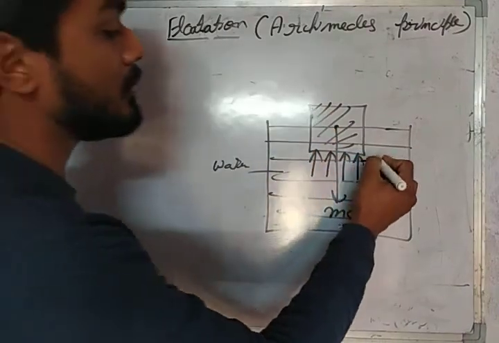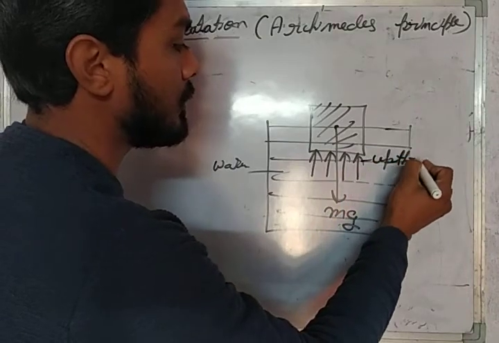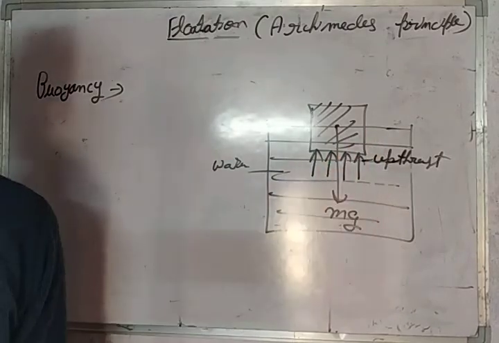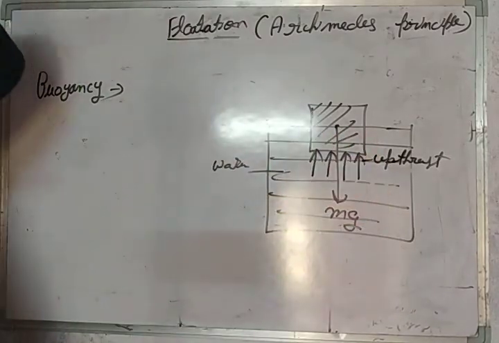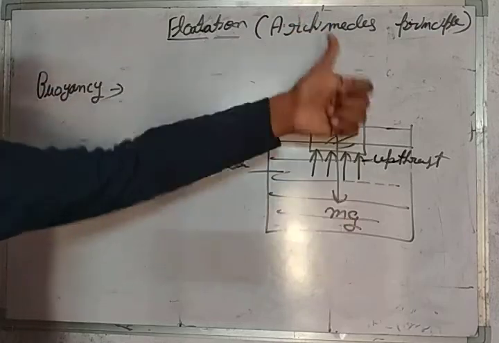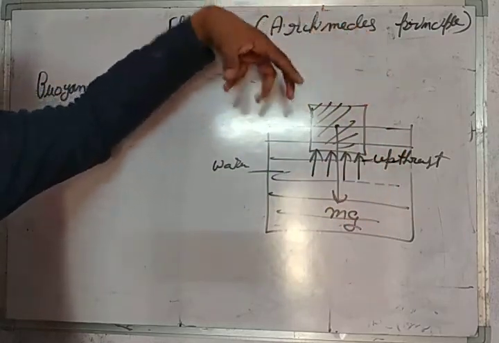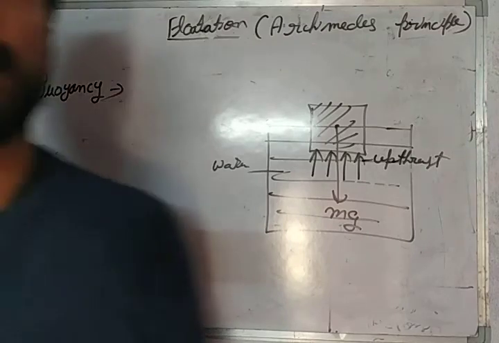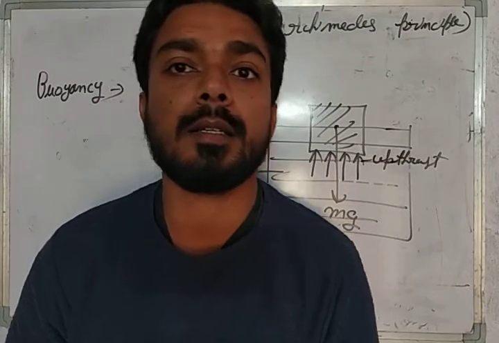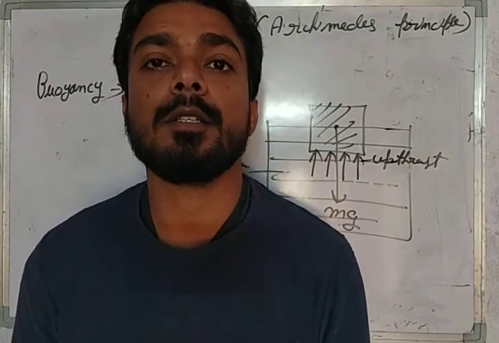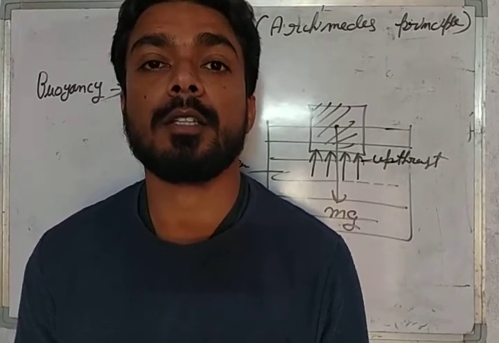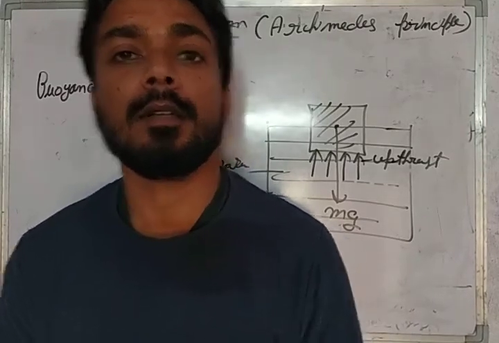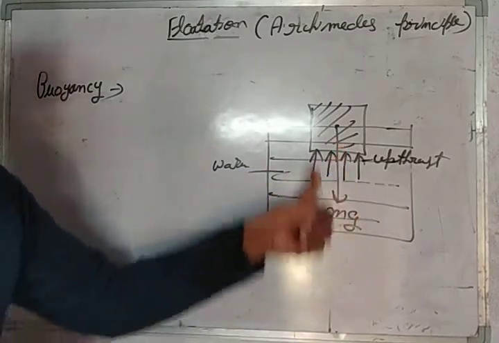This upward force is called upthrust. Due to this force, the weight mg has been balanced and the body floats on the liquid. And that's why we say that when a body is placed inside a liquid, it experiences itself as lighter, because every liquid applies an upward force.